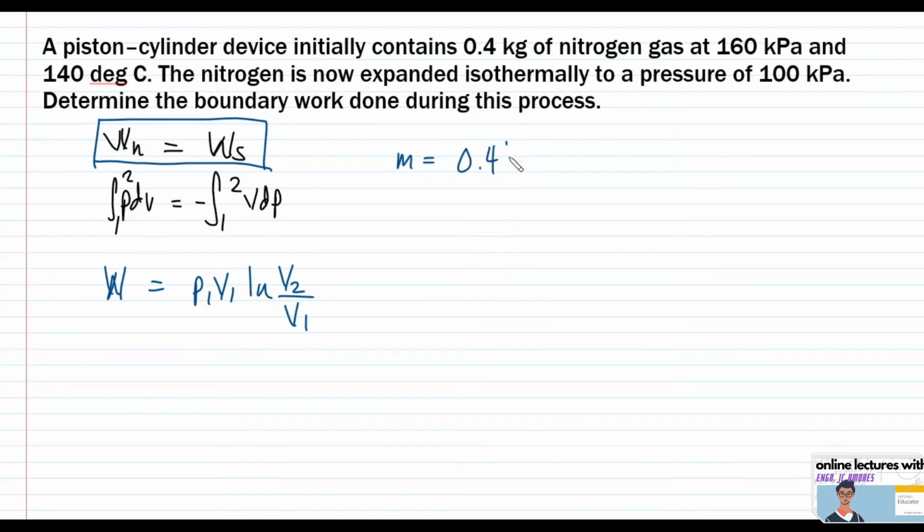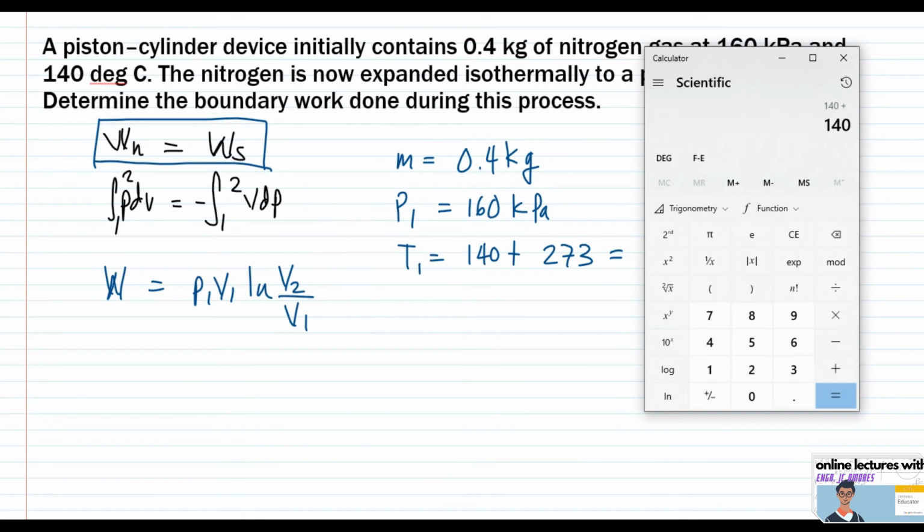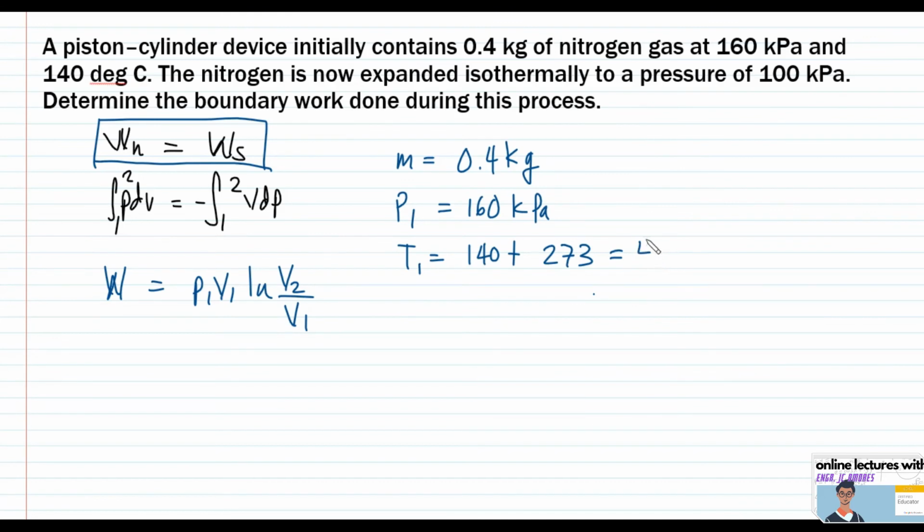We have mass is equal to 0.4 kilograms, and P1 is 160 kilopascals, and T1, 140 plus 273 to make it absolute, so we have 413 Kelvin. And then we have P2 is equal to 100 kilopascals.